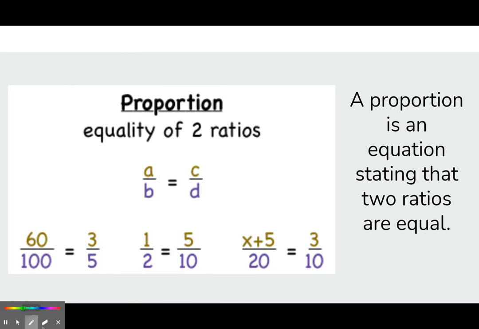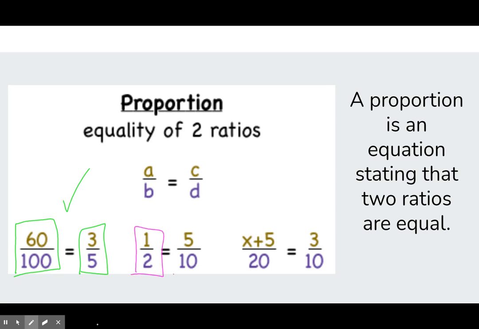So we have 3 examples here. So we see that 60 over 100 is equal to 3 over 5. We see that 1 over 2 is equal to 5 over 10. And finally, we see that x plus 5 is equal to 3 over 10. Okay? We don't know if those are equivalent yet. We don't know what x is, but we know that those first 2 examples are, in fact, equivalent.